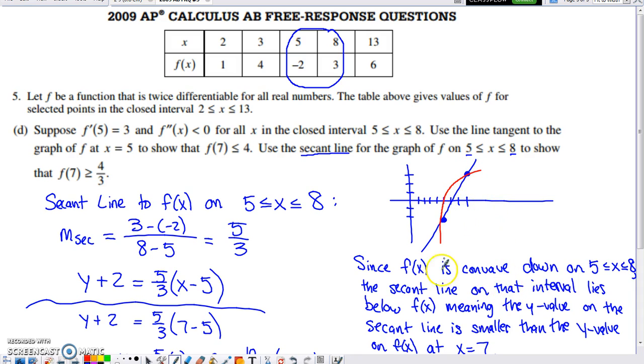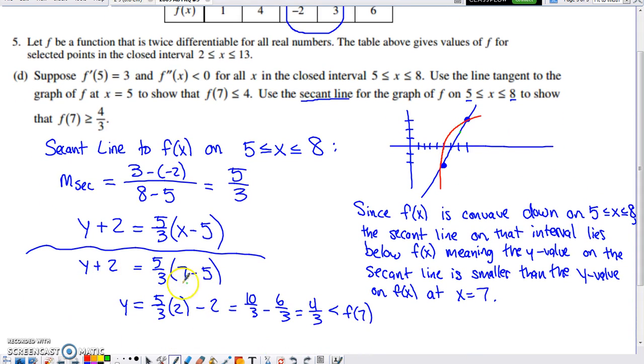So look at the y values on the line and on the curve at 7. This is where x is 5, this is where x is 8, so 7's right here. The y value on the line at 7 is definitely going to be down beneath the y value on the curve at 7. So if we find the y value on the line at 7, we know the y value on the curve has to be a little bit above that.